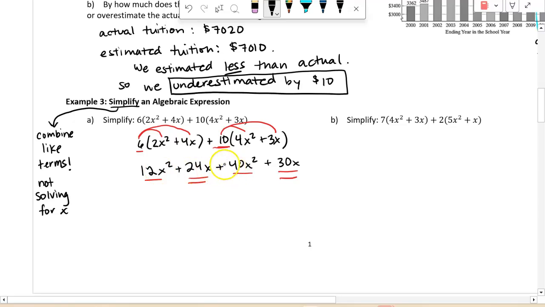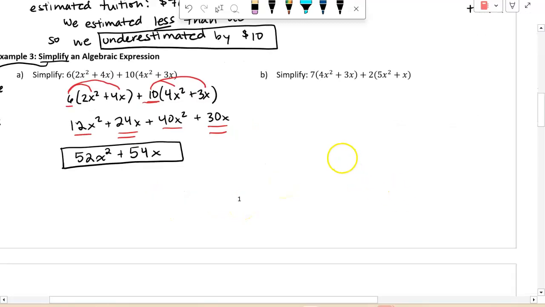You just change the number in front of it. 12x squared plus 40x squared is 52x squared. Again, don't make it x to the fourth power because that's multiplying, and that's not what we're doing here. We're just adding. For my x to the first power, I've got 24x plus 30x, and that is 24 plus 30, 54x to the first power. Don't change the power when you are adding or subtracting, and that's your final answer.